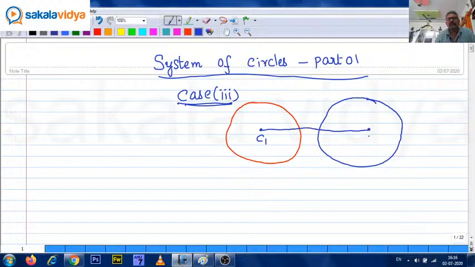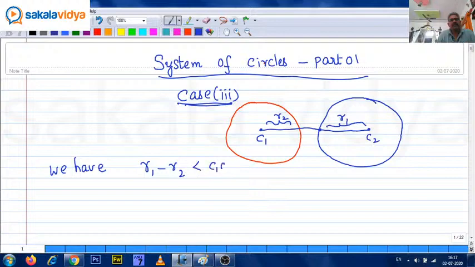This is C1, this is C2. Say this radius is R1, this radius is R2. Here we have R1 minus R2 less than C1 C2, less than R1 plus R2. That means these two circles do not touch each other.